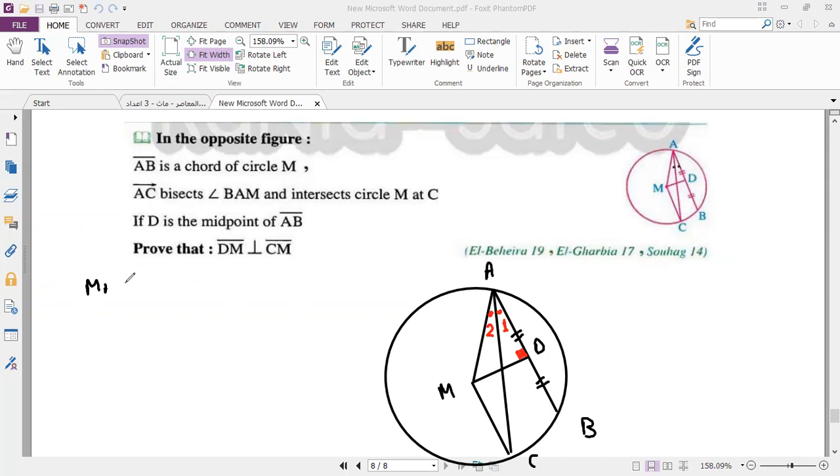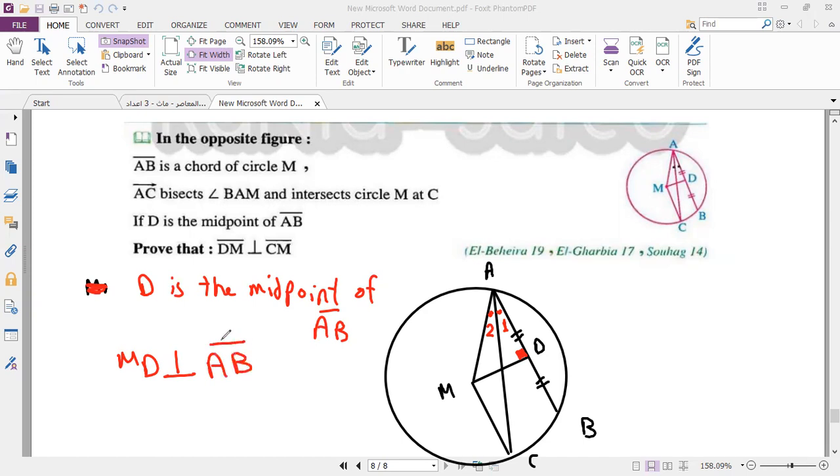Why is that? D is the midpoint of AB, so MD is perpendicular to AB.